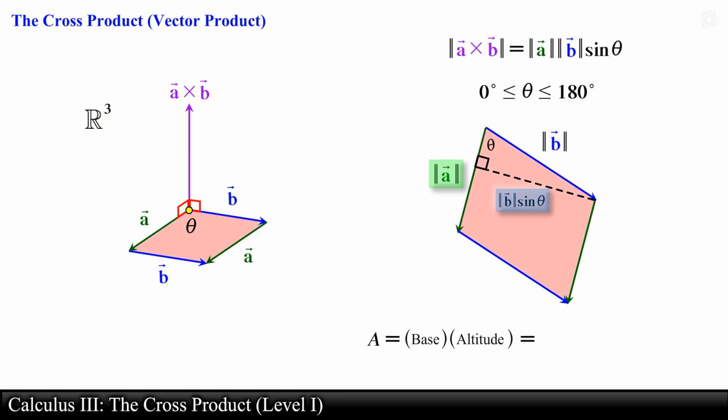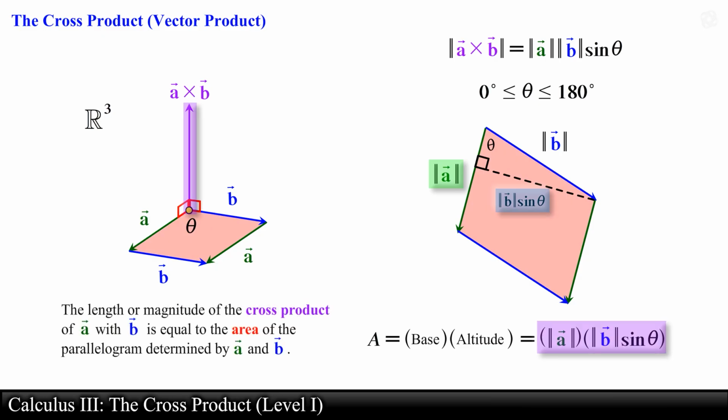Recall that the area of a parallelogram is given by the product of the base times the altitude. Thus, the length or magnitude of the cross product of vector A with vector B is equal to the area of the parallelogram determined by vector A and vector B.